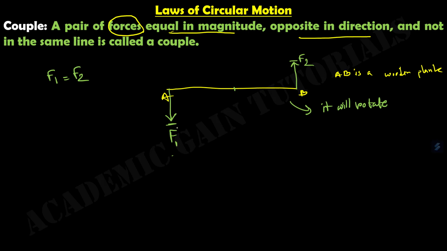So from this scenario, we can say that a body tends to rotate if there is a couple.